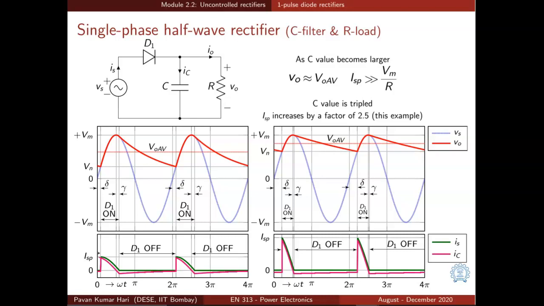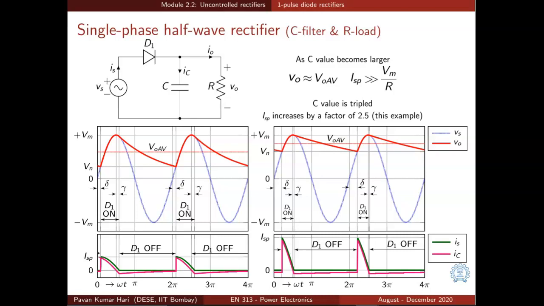Why does delta become larger? Because as C is increased with the same value of R, the time constant RC has increased. So the exponential fall will take a longer time to reach the same minimum value.